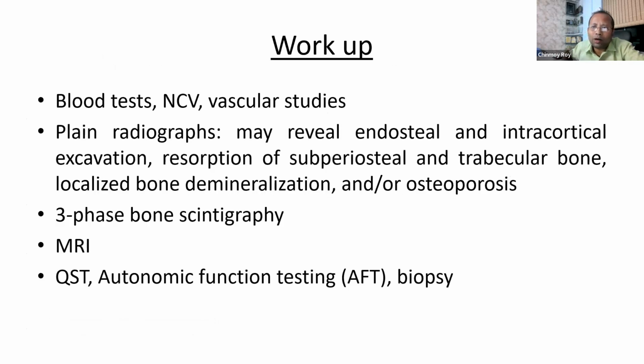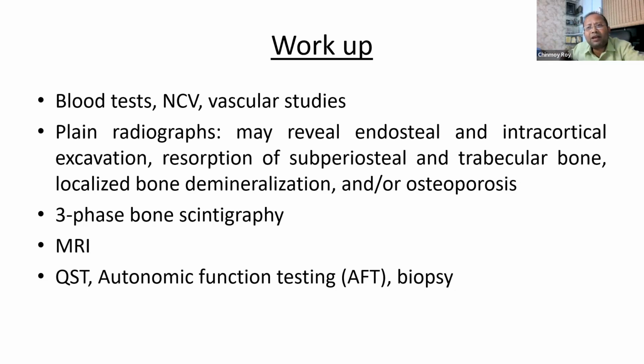Then comes workup. Another thing, though I will tell later, is that while taking the history I am proving that it is a neuropathic pain. So I will search for allodynia, hyperalgesia. I will take the history by asking whether it started after any injury, any precipitating event. Most of the time it presents in the hand or feet.